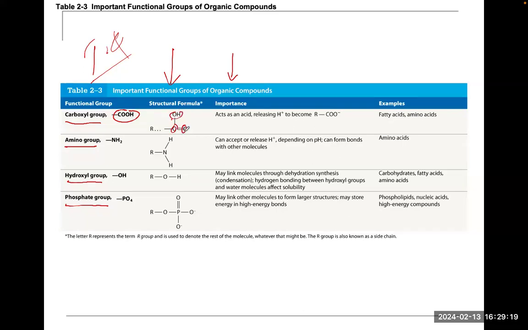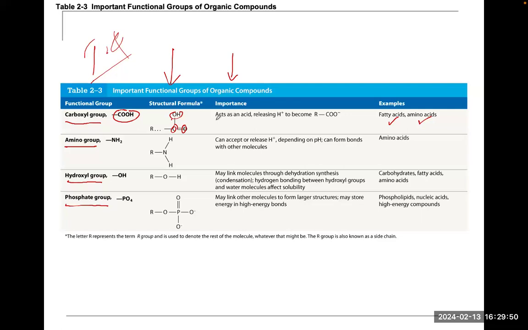COOH is a carbon, an oxygen, and a hydroxyl group over here, hydroxide OH. So that's a carboxyl group. And we're going to see carboxyls in fatty acids and when you break down proteins. We break down fats into fatty acids. We break down proteins into amino acids. We're going to see these carboxyl groups.